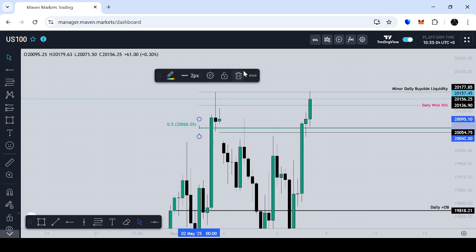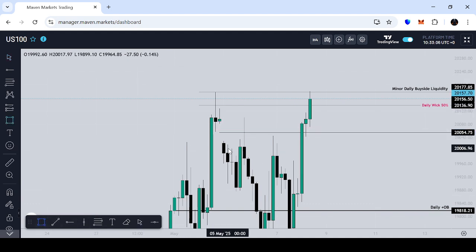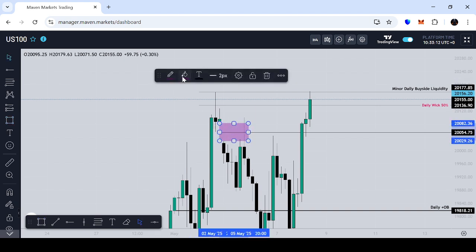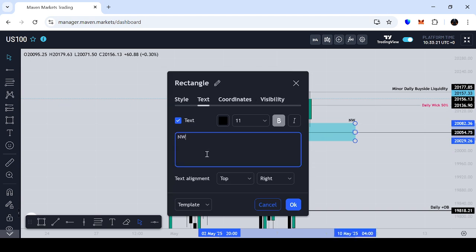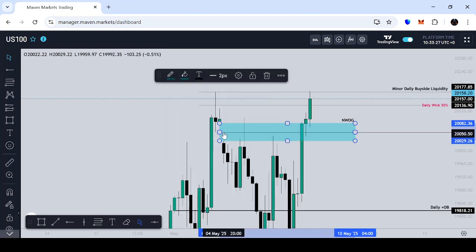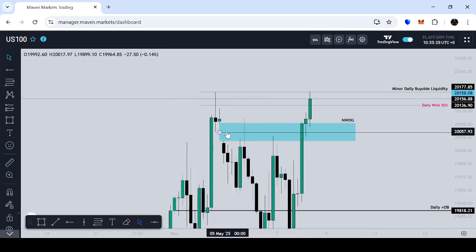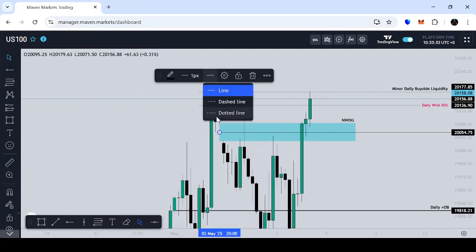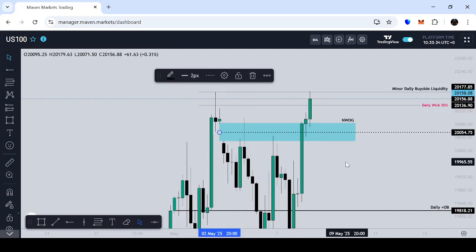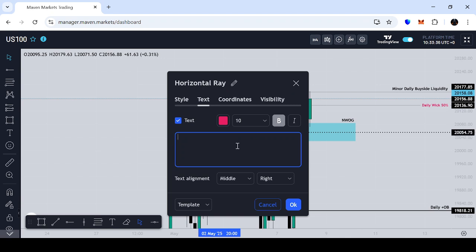This is another trend line. A new week opening gap. That's the consequent encroachment, the 50% of the new week opening gap here.